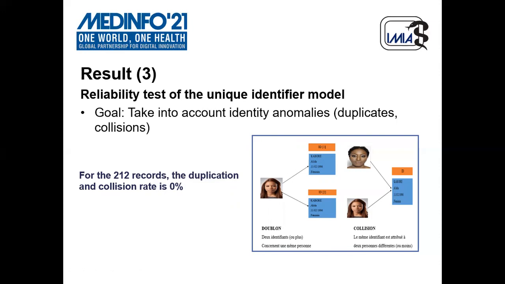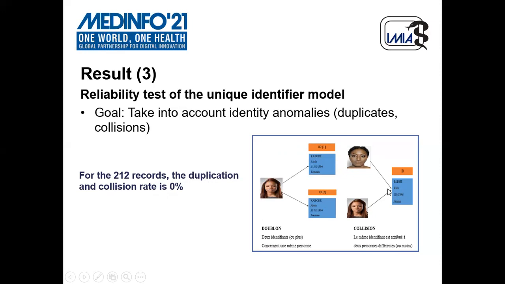So what do we call duplication and collision? Duplication is when, if we take a random patient, we cannot attribute to this person two different ID codes. In this case, we say that there is no duplication. Now, what is a collision?